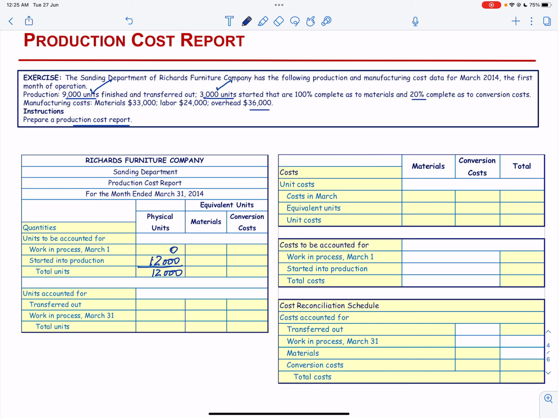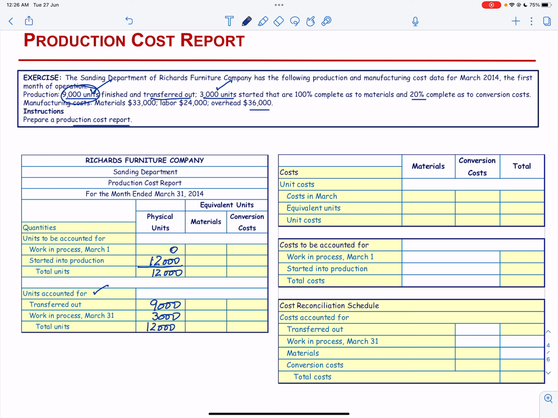The units to be accounted for are the transferred out, and that is 9,000 are transferred out, and 3,000 units started are completed as to materials. So work in process is 3,000, and the total number of units will be 12,000.